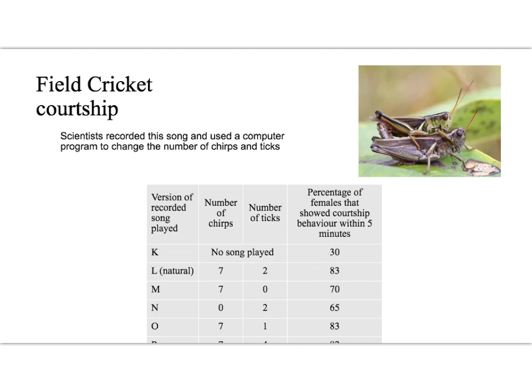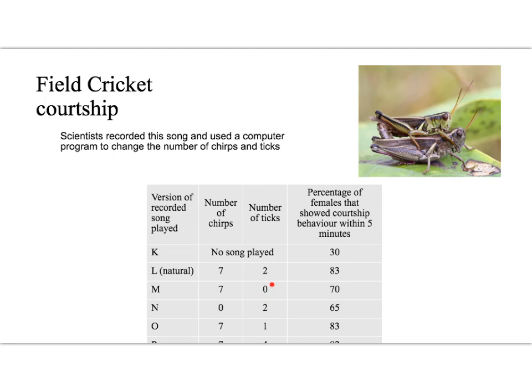So if you reduce the number of chirps, you can see there is some courtship with no chirps, so it's important, but it's not essential because there's still quite a large proportion mating with no chirps. How about ticks then?